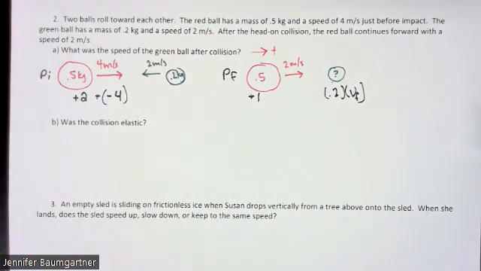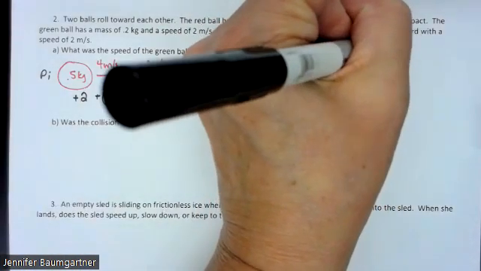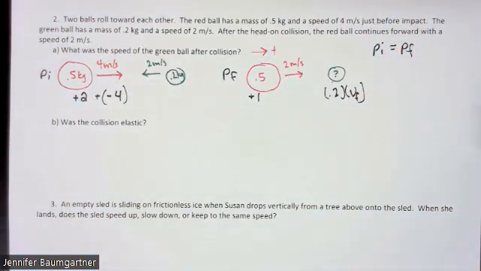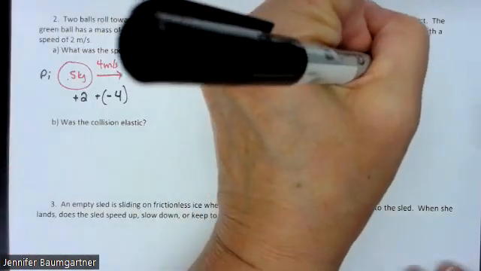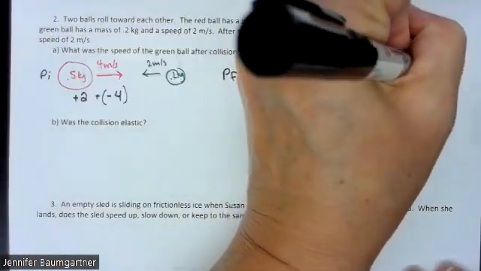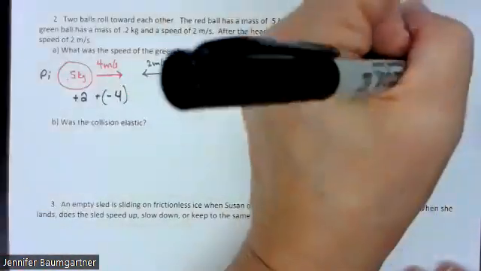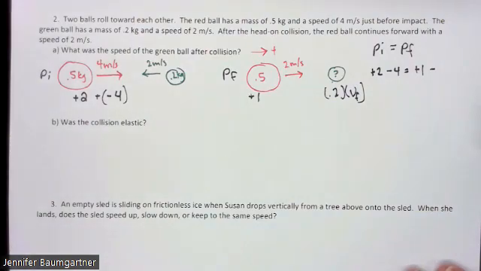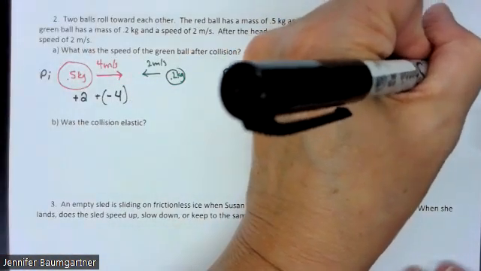Well, conservation of momentum tells me that my initial has to equal my final. So if I plug these values in, I have positive 2 minus 0.4 equals positive 1 plus some unknown value here.